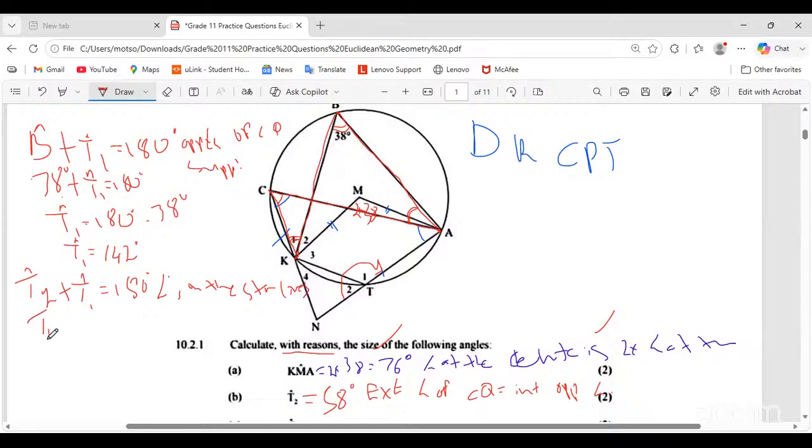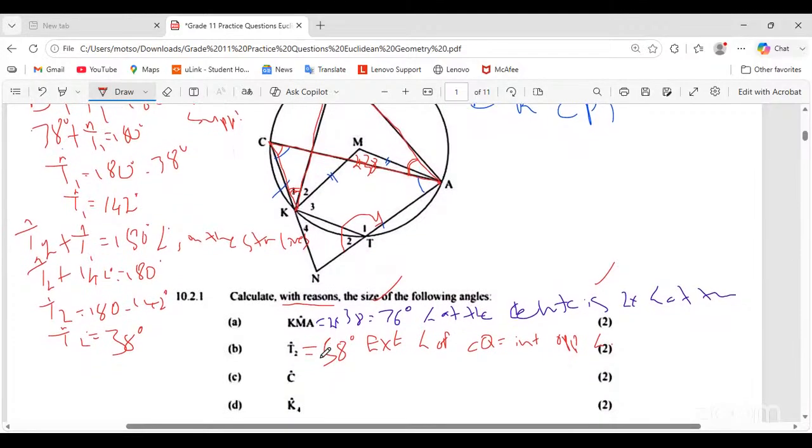Now, T2 is the one we are looking for, plus T1, which is 142 degrees, is equal to 180 degrees. So angle T2 is equal to 180 degrees minus 142 degrees. I get T2 is equal to 38 degrees. Now you get the same answer as before, since there are many ways to kill a cat.